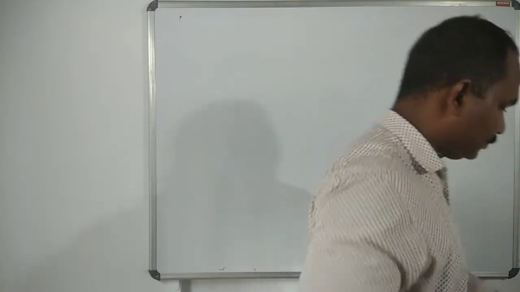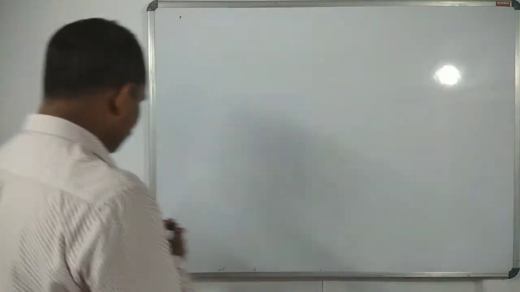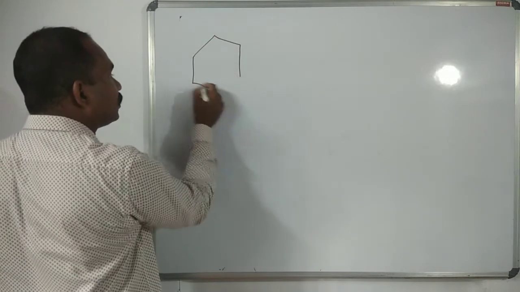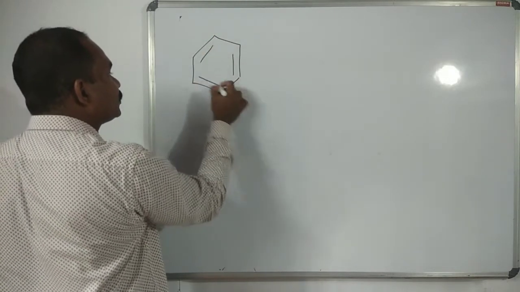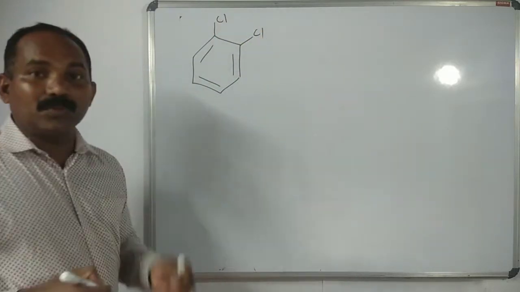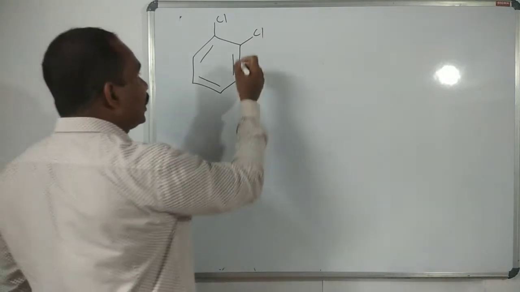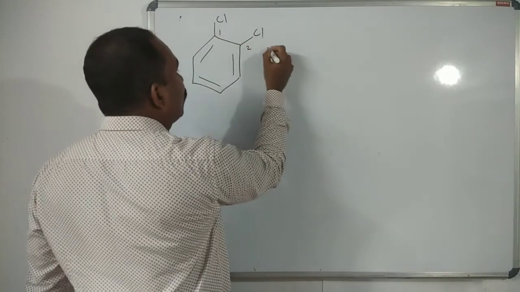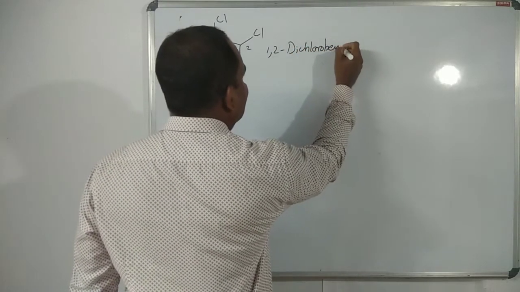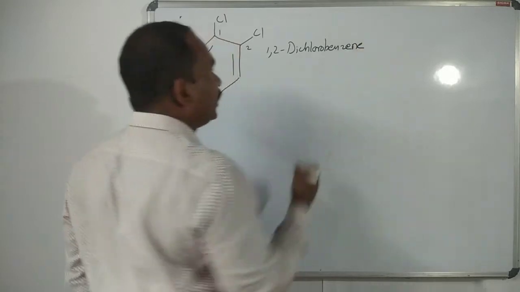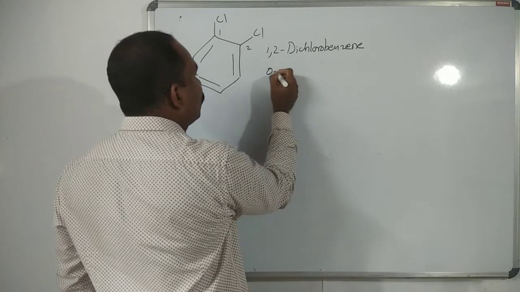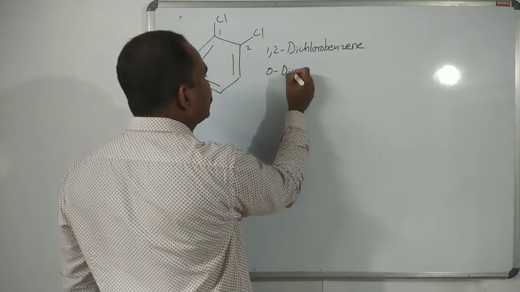For example, 2 chlorine atoms are present in the benzene ring. The IUPAC name is 1,2-dichlorobenzene. The common name is orthodichlorobenzene.